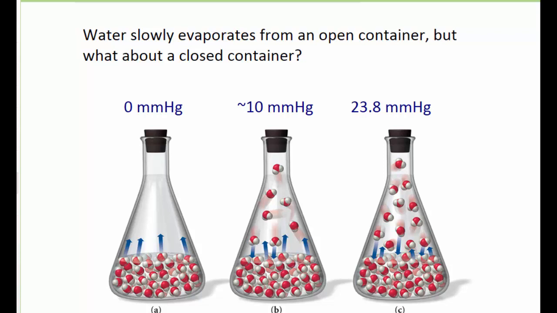Let's say we have this container A over there that has water in it, but if we were to hook up a pressure gauge originally, to have this figure here, we would have to start with a vacuum.